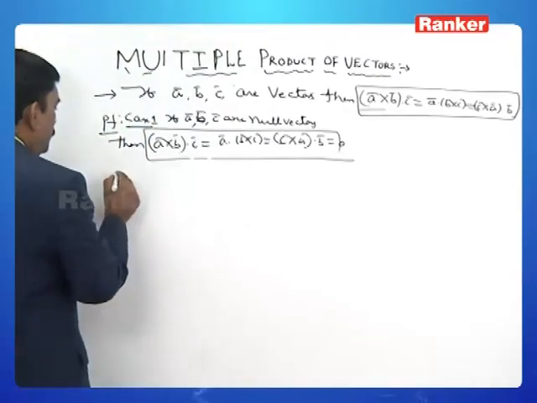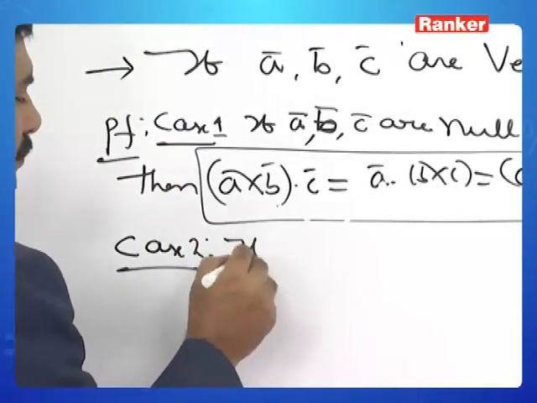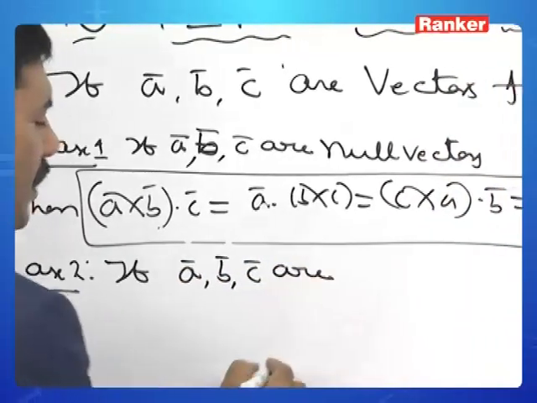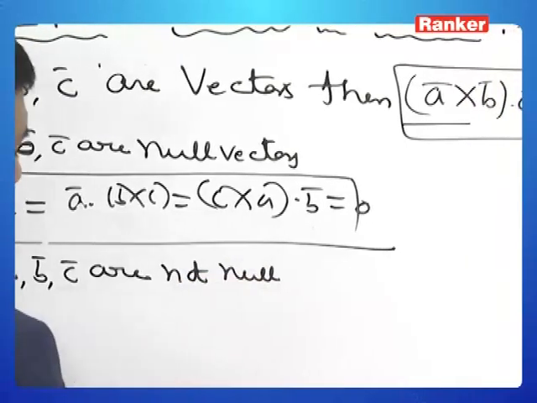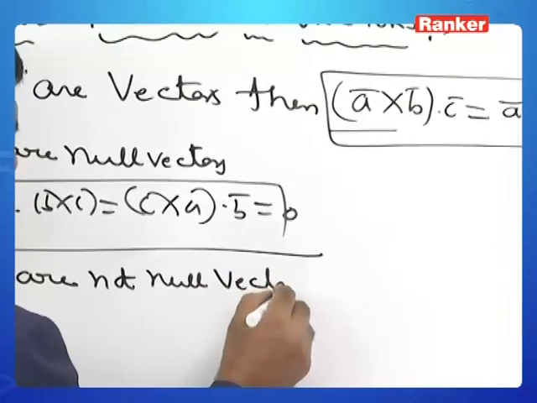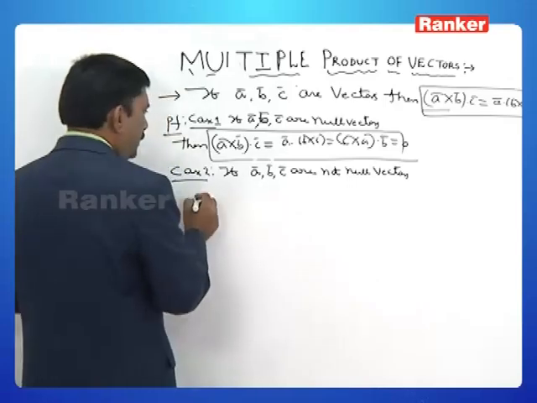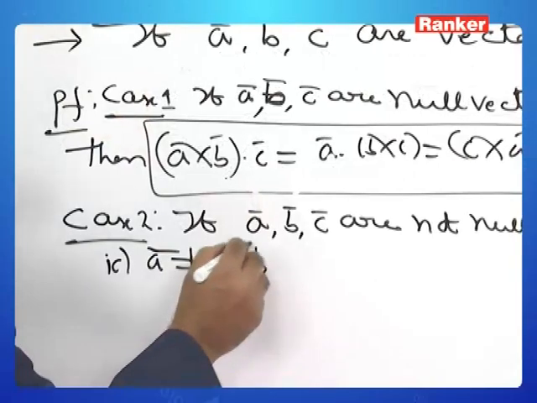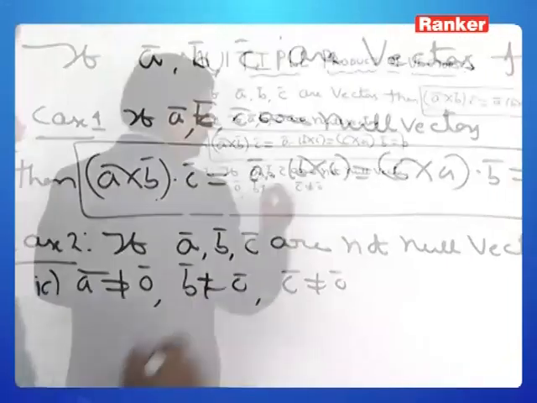Now, case 2. What is case 2? If A bar, B bar, C bar are not null vectors, that is A bar is not equal to 0, B bar is not equal to 0, C bar is not equal to 0.